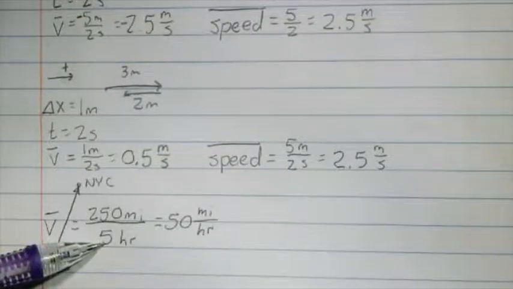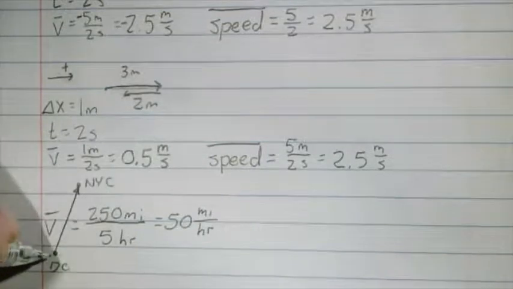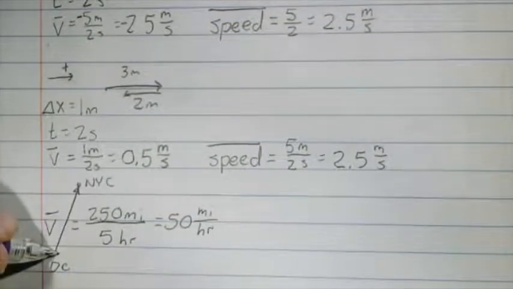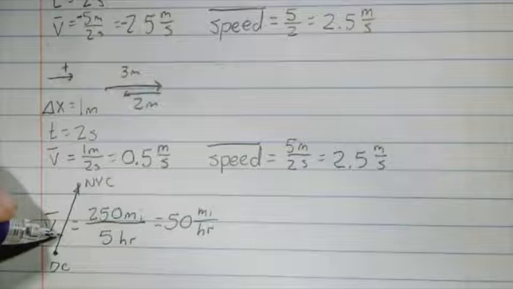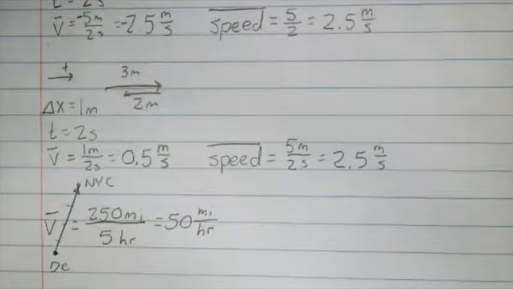But if you've ever driven to New York City, you can average 50 miles an hour, but you pull out of your driveway going 0 at the very beginning. You're going 0 anytime you stop for a red light. Maybe you stop for a light or a traffic jam multiple times. So sometimes you're going 0, sometimes you're going 60, sometimes any speed in between.